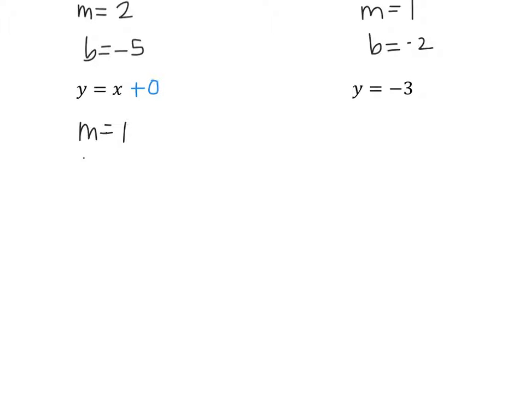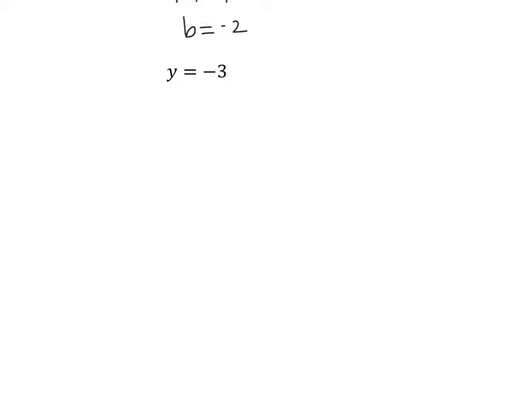Then b would equal 0. And since there was nothing even written there, we filled that in with a 0. We could have just known that that was 0 instead of actually writing in a plus 0. But if it helps to understand that the y-intercept would be 0 here, go ahead and fill that in like we just did with a 0.